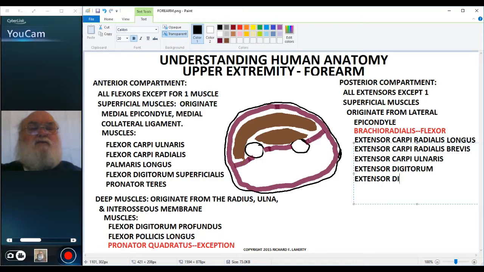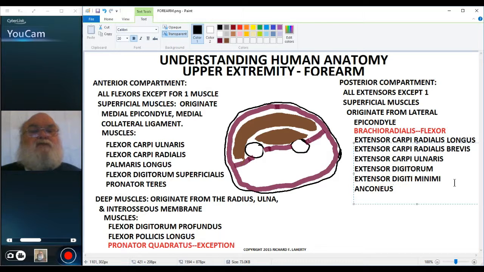The extensor digiti minimi and anconeus. Anconeus extends the elbow joint, so it assists triceps brachii.